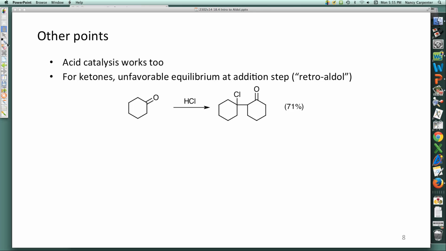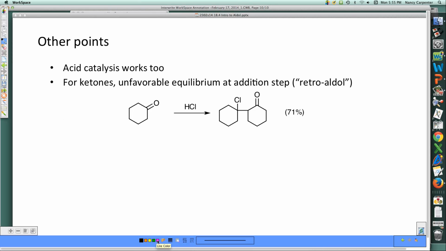Let's quickly run through the mechanism. So, acid-base chemistry, acid-base always wins. We're under acidic conditions. So, protonate that carbonyl and get a more electrophilic carbonyl.